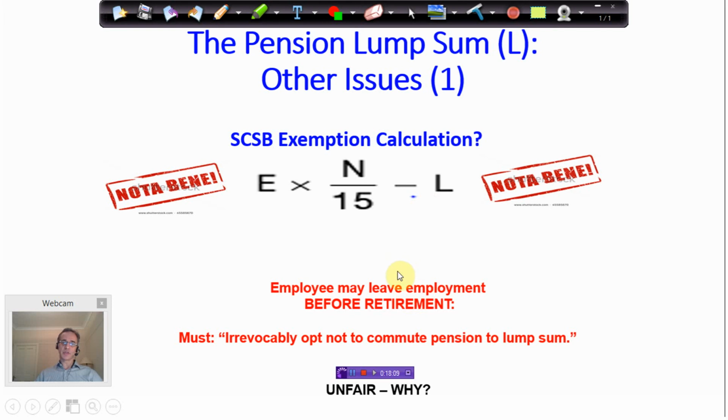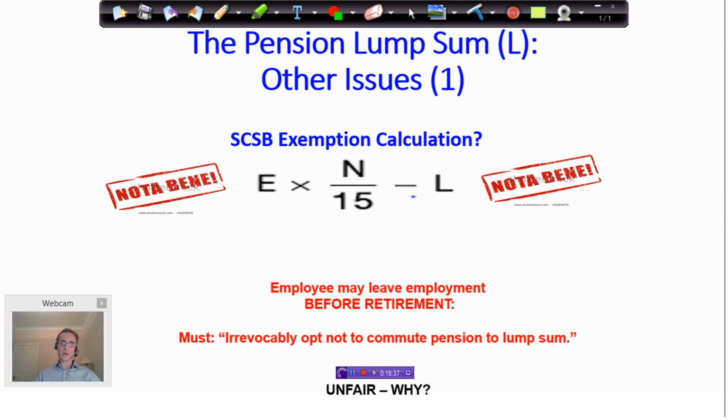Now, if you imagine in practical terms, we have an employee who's been made redundant, or their employment has been terminated. And really, that could be long before retirement. So what the individual is required to do by the revenue, perhaps a little bit unfair, is to irrevocably opt not to commute the pension to a lump sum.